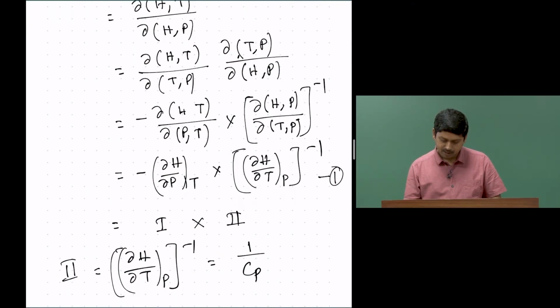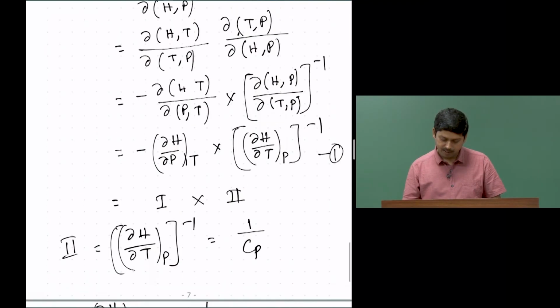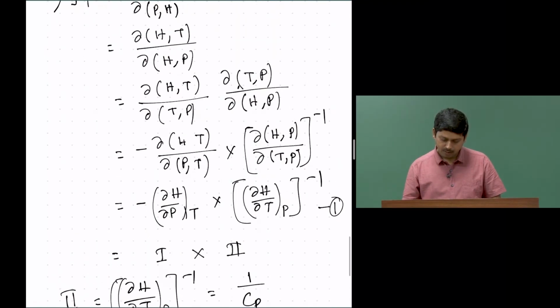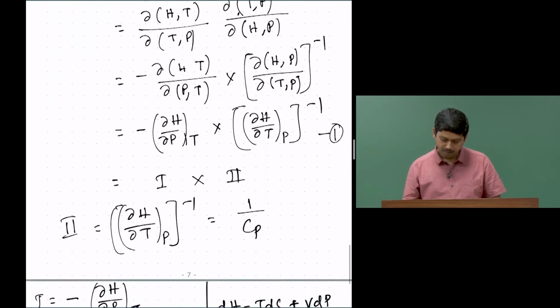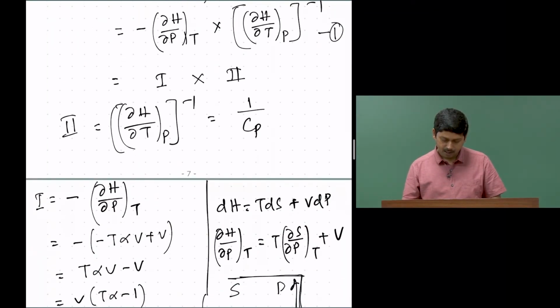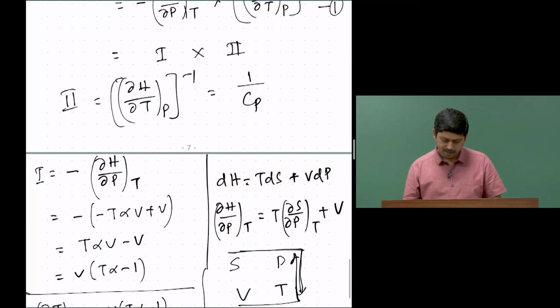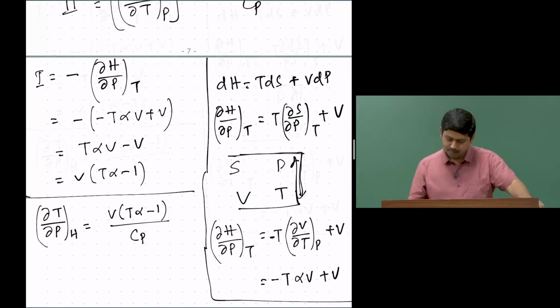Here I have interchanged P and T, so this part is fine. So, term 1 is having the minus. Now, the term 2, 1 by C P, is fine. Now, minus del H by del P at constant T, and that is written here.